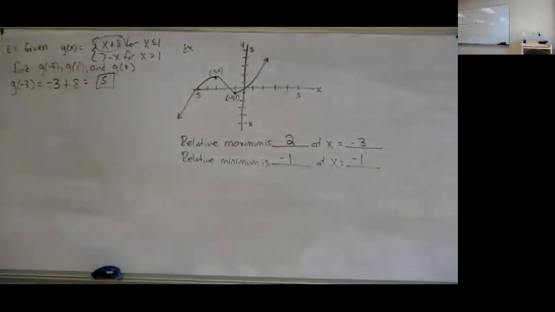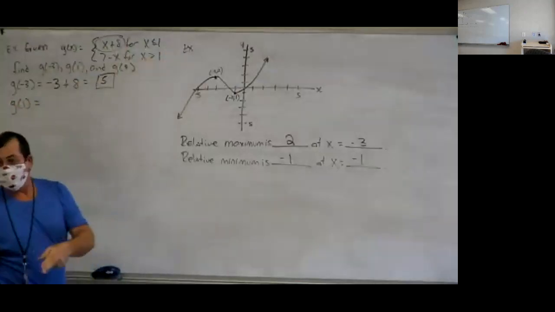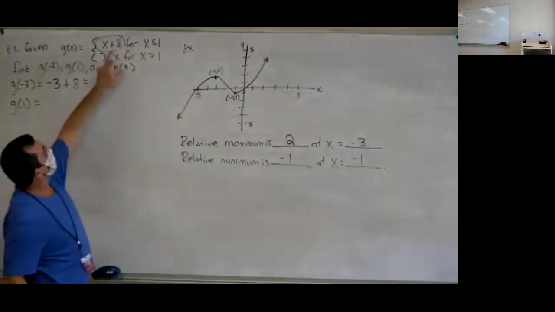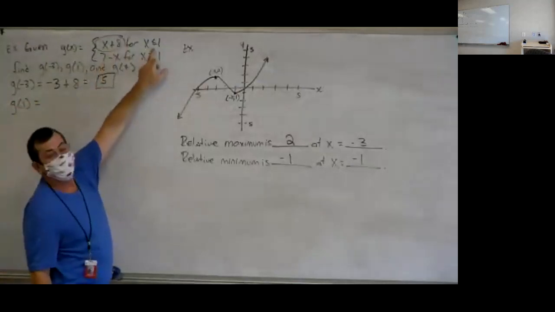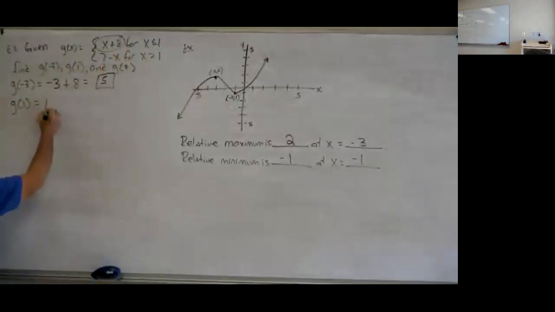Then they said, hey, find me g of 1. So g of 1 is the crossover point between the two equations, but one of those has to equal it. Which means I once again will use the x plus 8, right? Because 1 is equal to 1. So that means put a 1 in for my x and then add 8. Okay? So g of 1 will give me a 9.